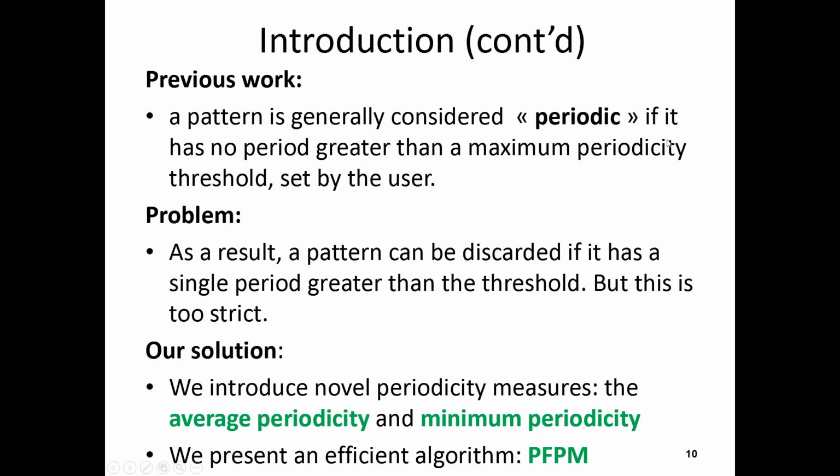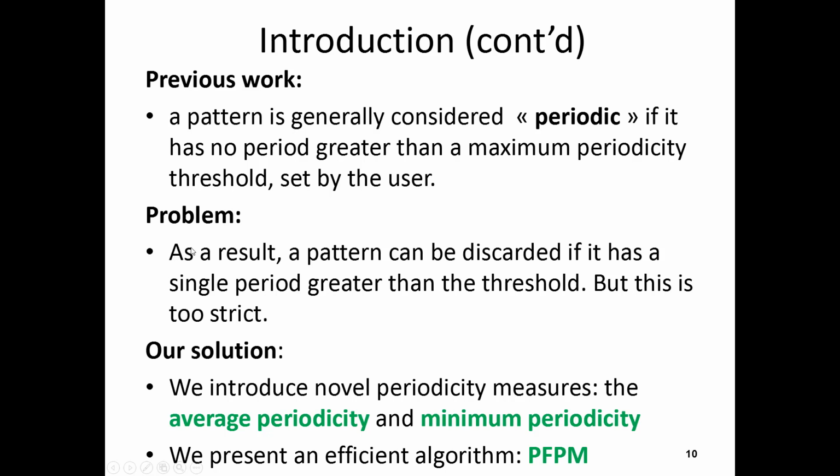So a pattern is periodic if it has no period greater than some maximum. That means if we set the maximum to 1 week, we want to find the patterns that appear at least every week. Maybe more often, but never more than 1 week apart. Okay. So this definition has been used in many papers, but there's a big problem with this.